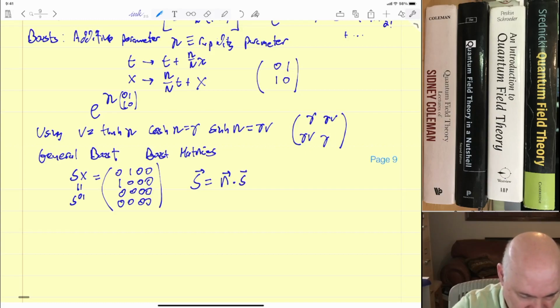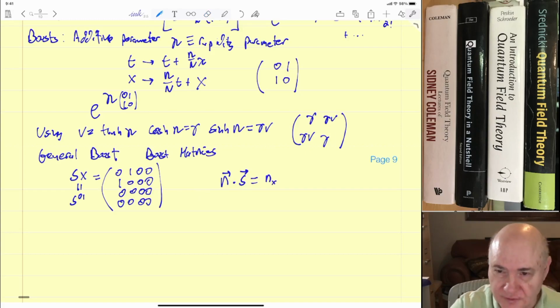I want n dot S. So n dot S is going to be equal to nx Sx plus ny Sy plus nz Sz. n has nothing to do with the rapidity, it's just the direction of the velocity, but it's a unit vector.